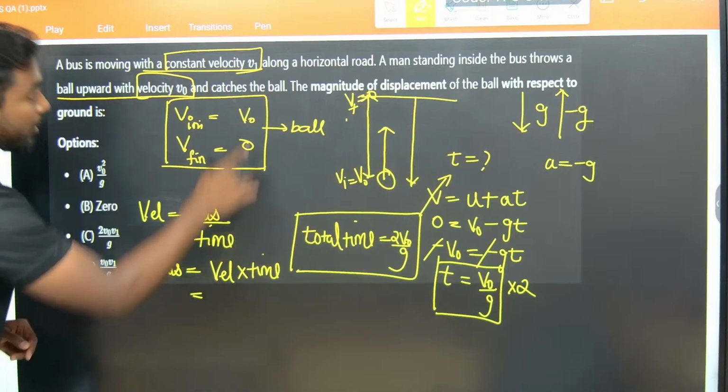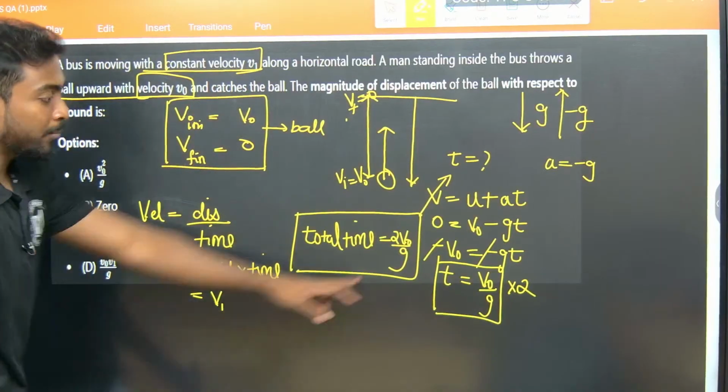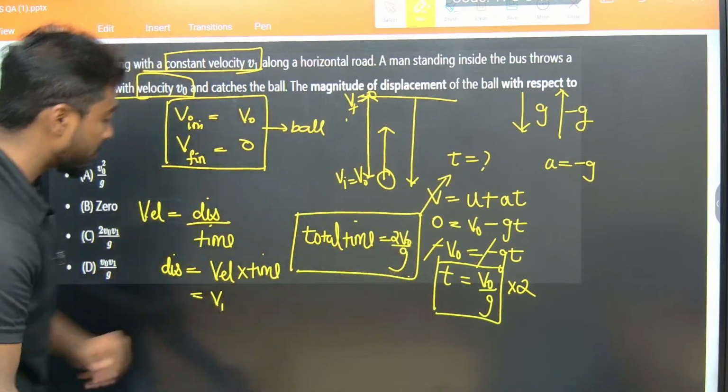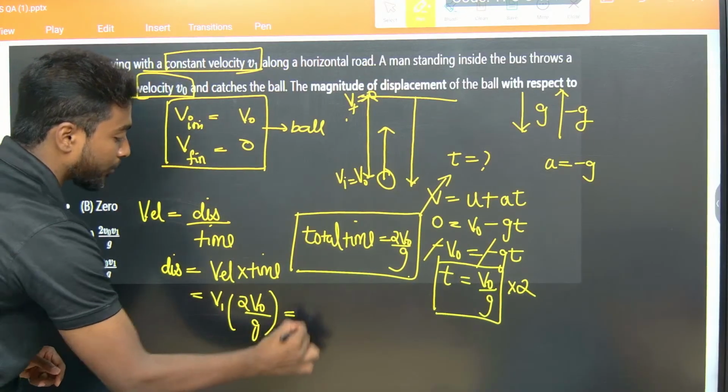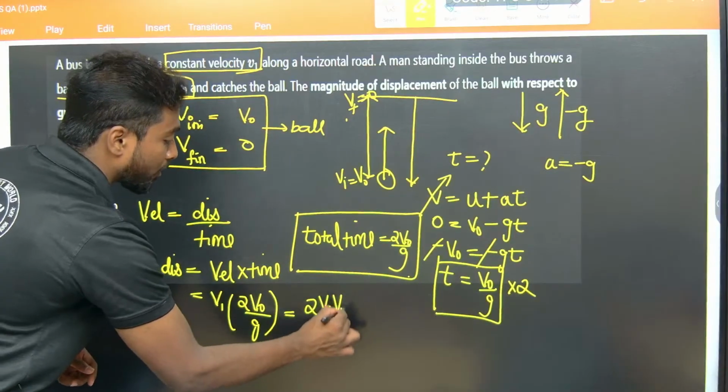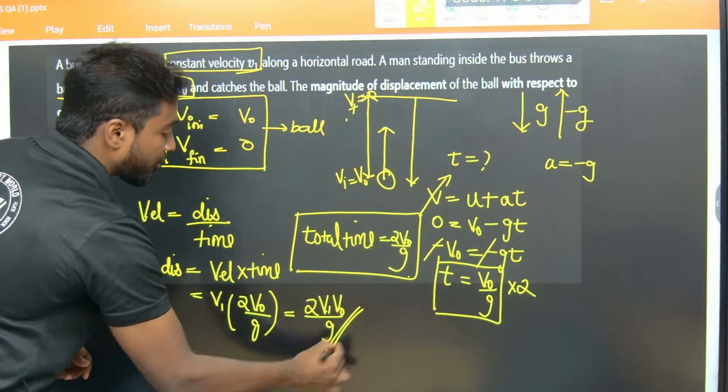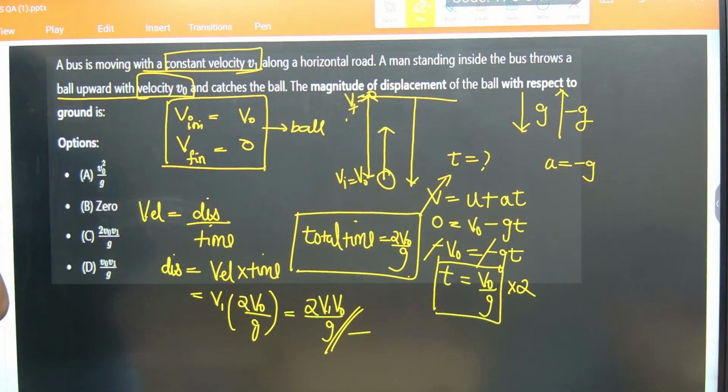So what is velocity? v1. What is time? It is 2 v0 by g. So into 2 v0 by g. So the final answer will be 2 v1 v0 by g. This is the displacement.